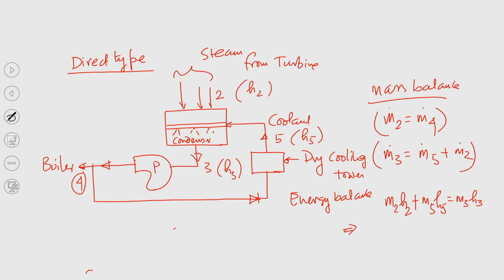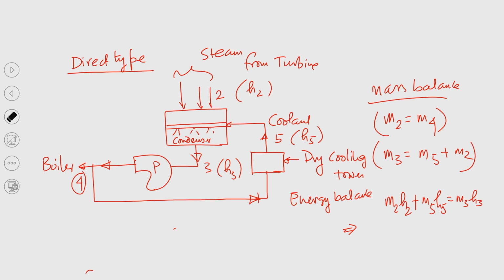So, if we do this analysis, we can write what about m 5, either in the rate form or not in the rate form.